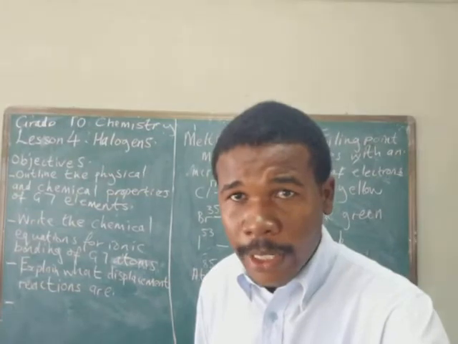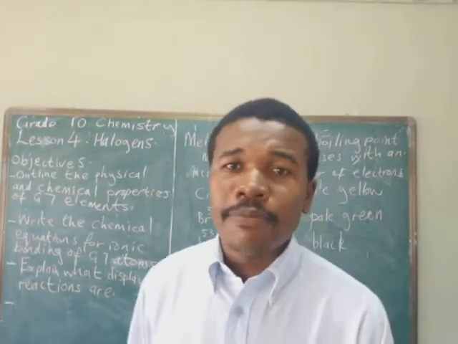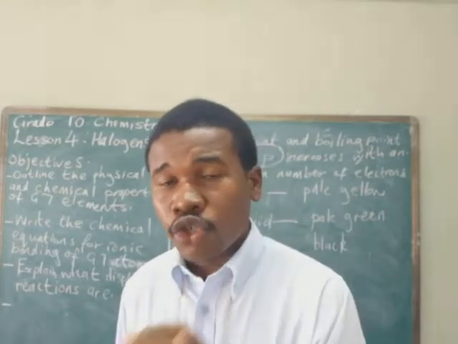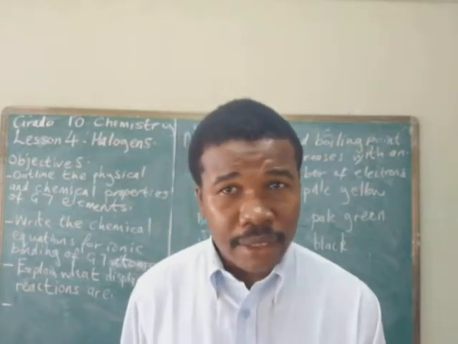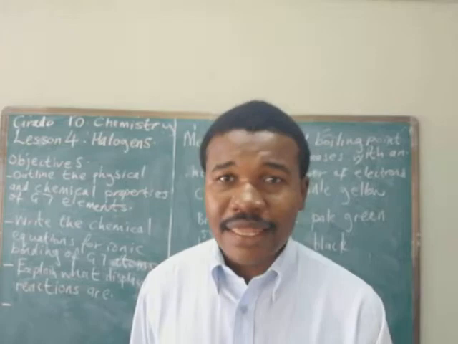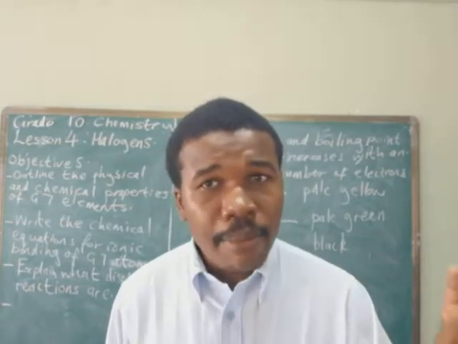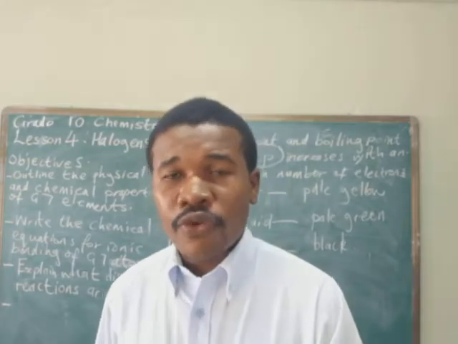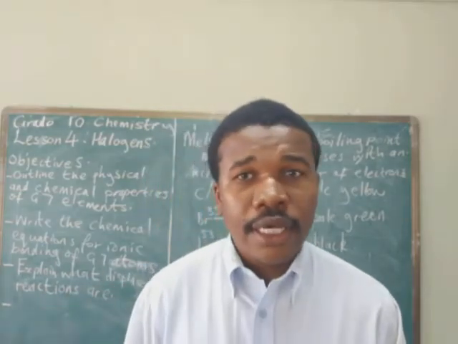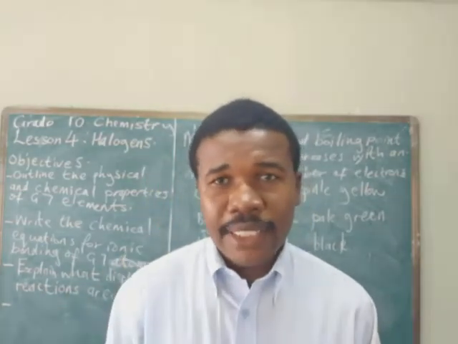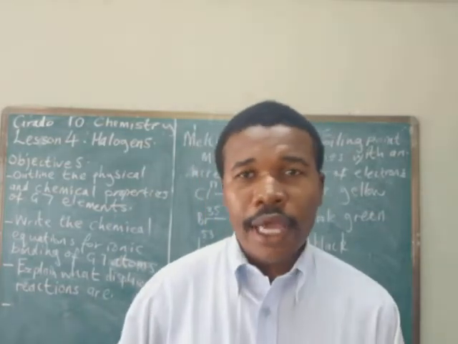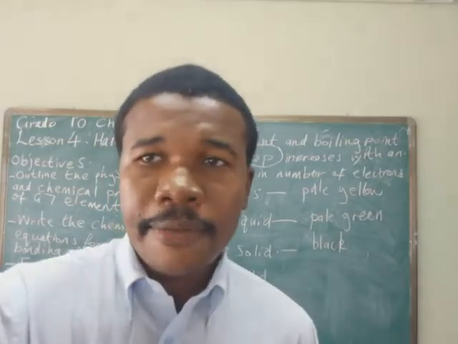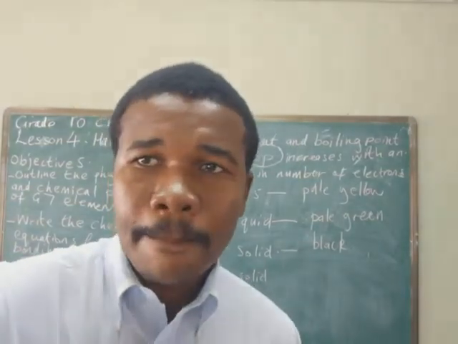The second one, let it be sodium plus bromine to give us sodium bromide. The third one, let it be lithium plus fluorine to give us lithium fluoride. Those are the equations that I want you to write. I'm going to write them as well on the board, and then you will confirm with what I have written. Let's do that, just maybe 3-4 minutes.